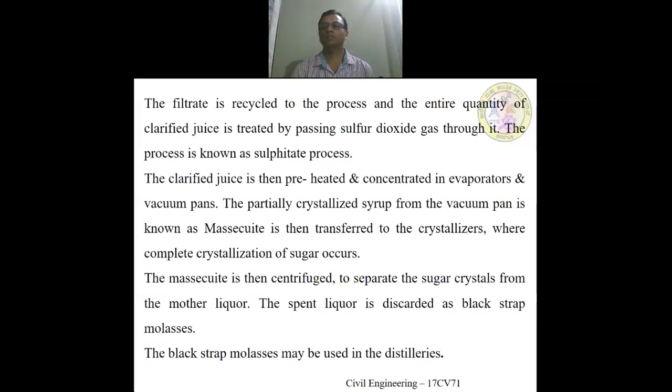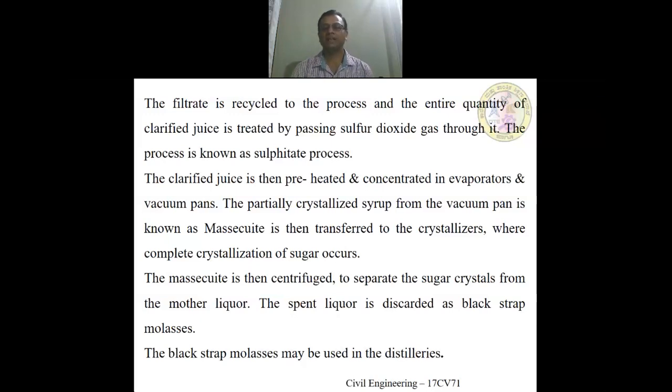The filtrate is recycled to the process, and the entire quantity of clarified juice is treated by passing sulfur dioxide gas through it. The process is known as the sulphitation process.